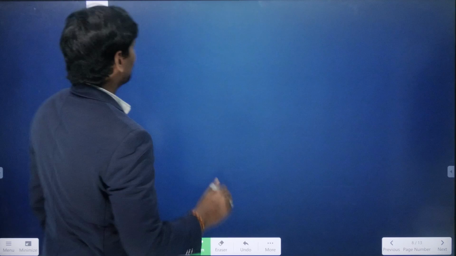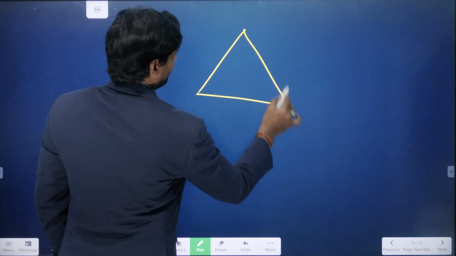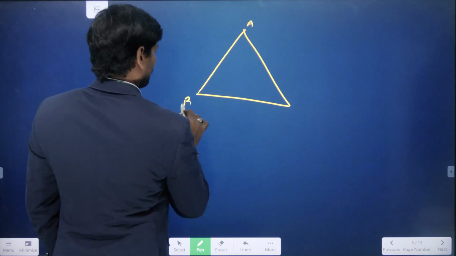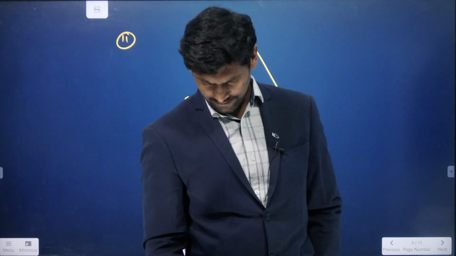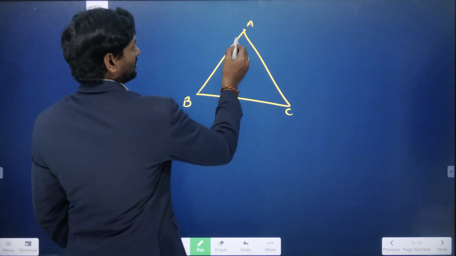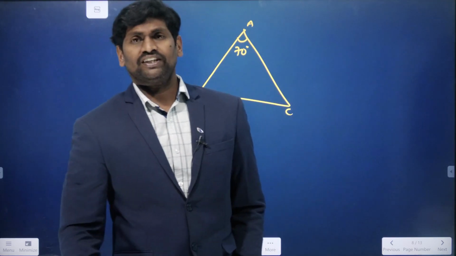The question number 11. I am drawing an ABC triangle. X is interior of ABC. Angle BAC equals 70 degrees. That means angle A is 70 degrees. And also BAX is 42 degrees.